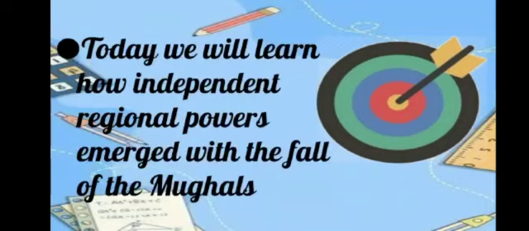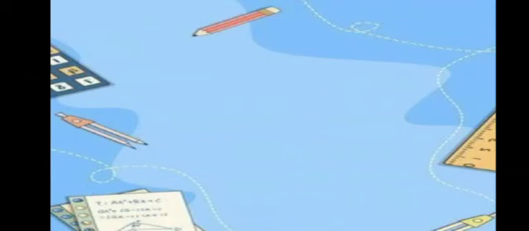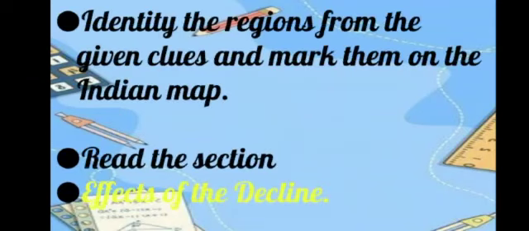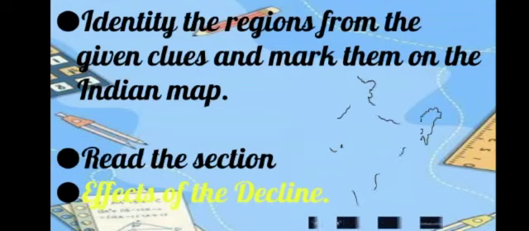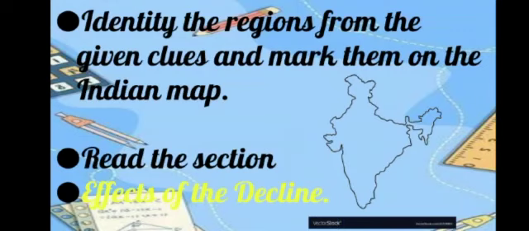Okay, now identify the regions from the given clues. In the next slide, you will get a few clues, and after reading them, you will mark them on the Indian map. After doing this, you will read the section Effects of Decline.